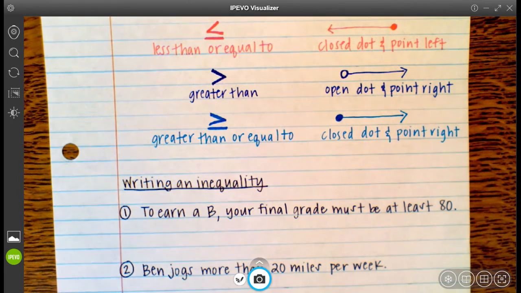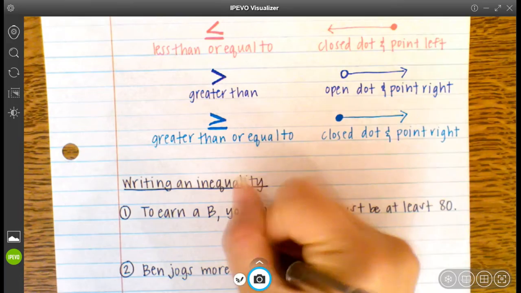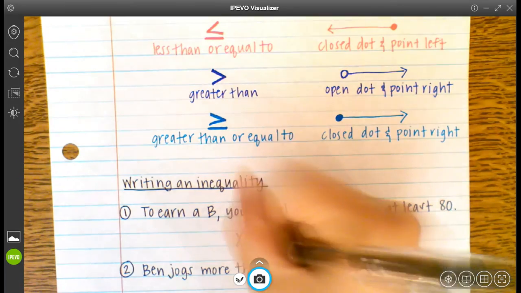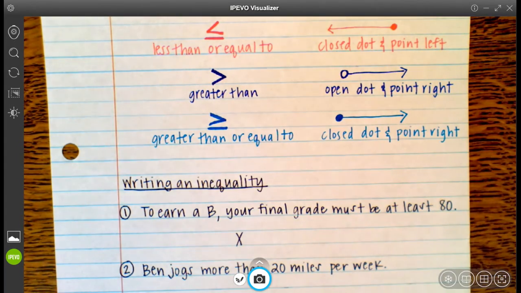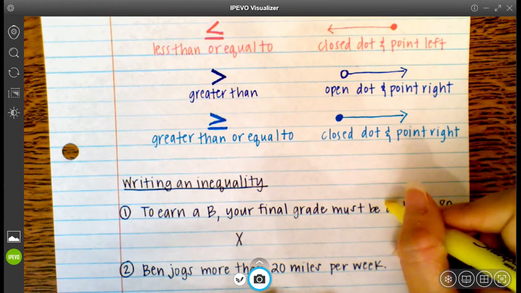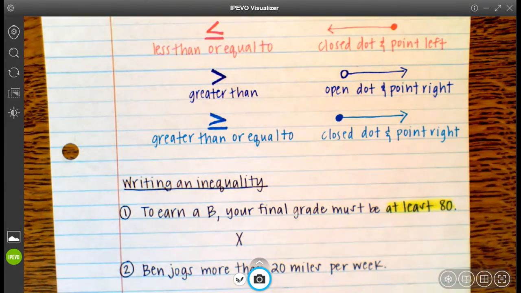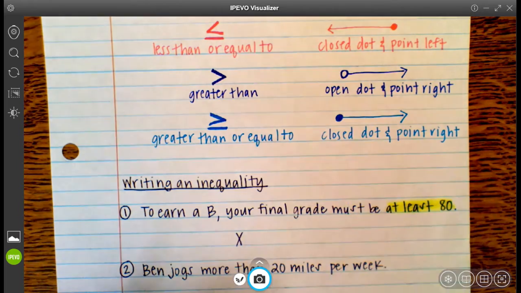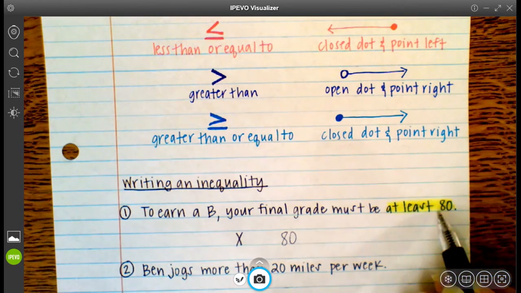So to write an inequality, you could make this as X is your grade, and my grade has to be at least 80. That means the lowest I can be is 80. So I'm going to put the 80 as my indicator, at least 80.